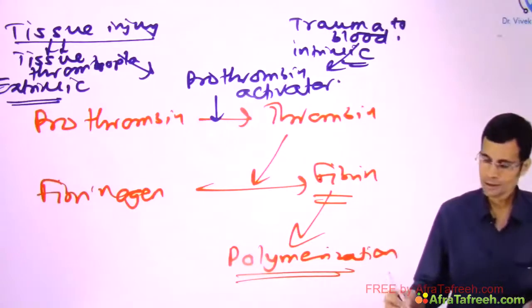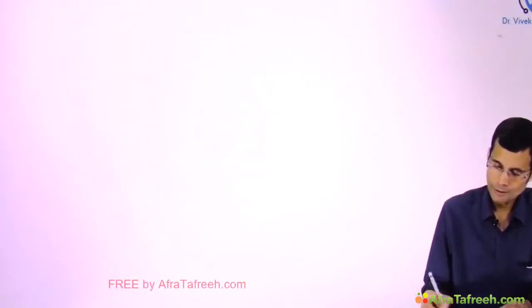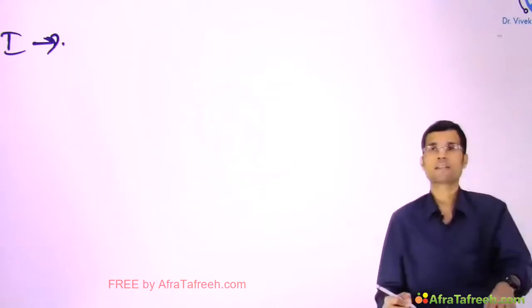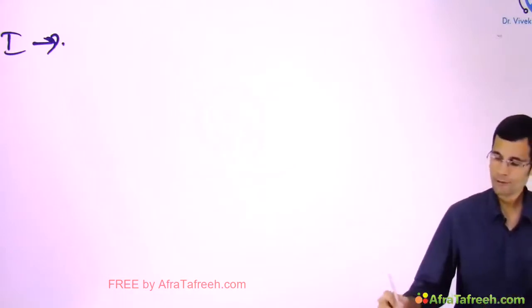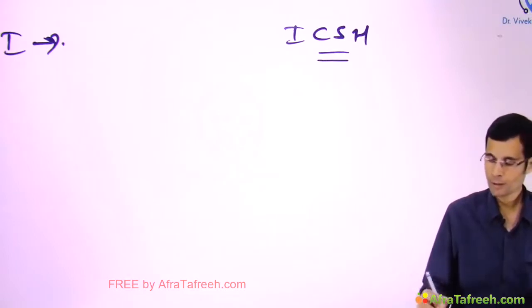So let's just quickly also go through these clotting factors. Roman numerals were given to these clotting factors. The International Committee for Standardization in Hematology, the ICSH, gave these Roman numbers.